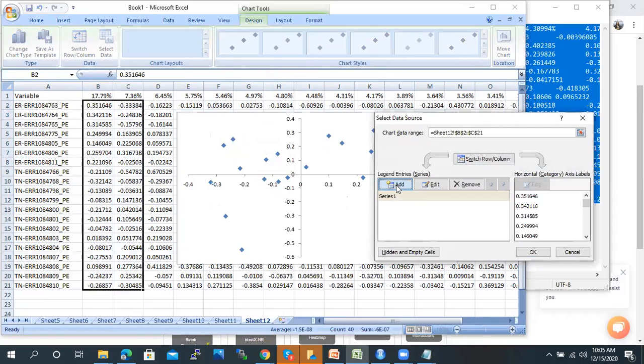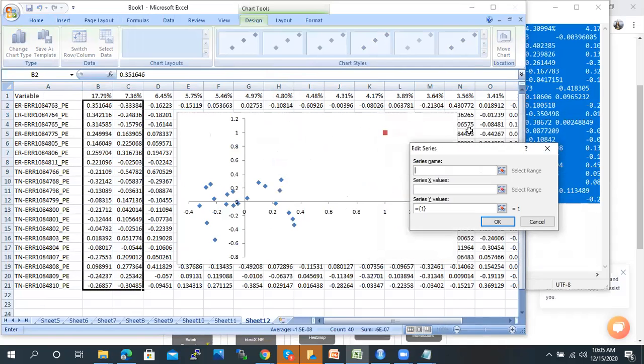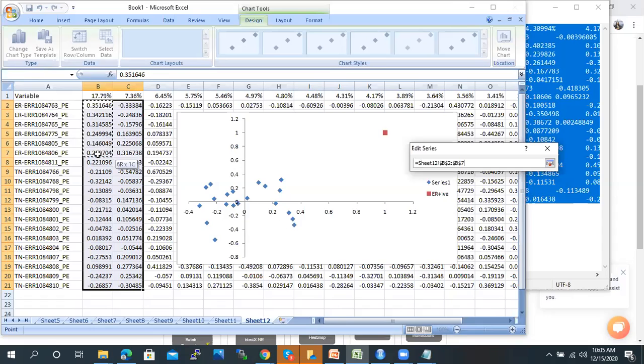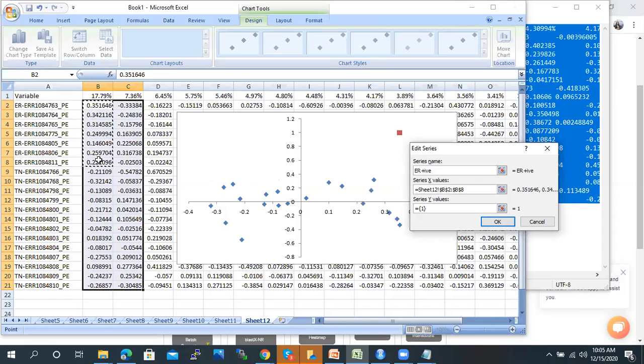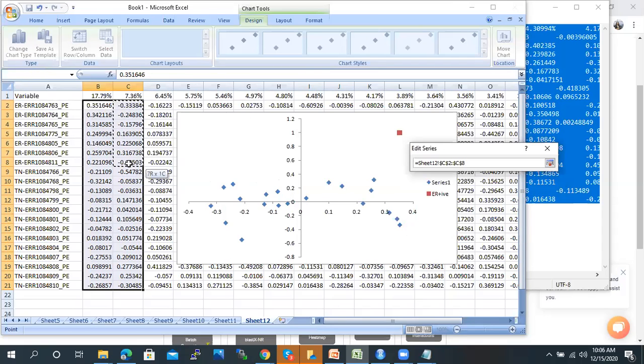Here we can add the labels, add a new series. We know that we have two types of samples, ER positive. So for the ER positive samples, what are the X values? What does the X axis represent? If you look at these ER positive samples, these are its X axis. Then for these samples, the Y axis.